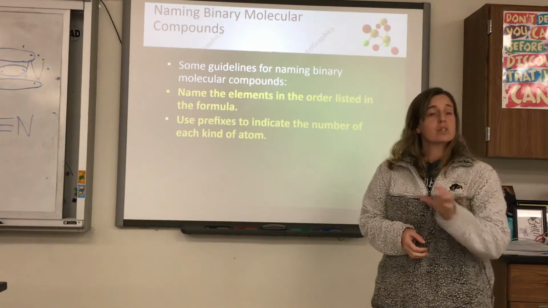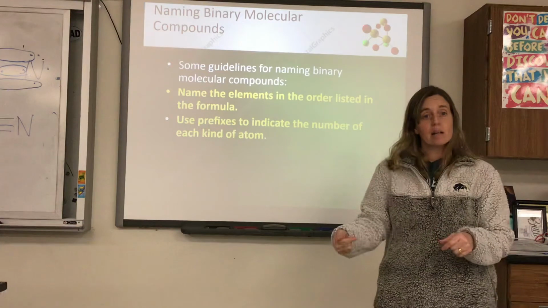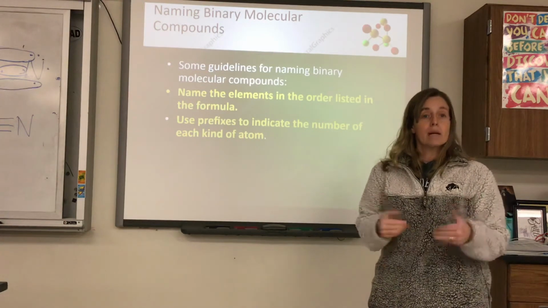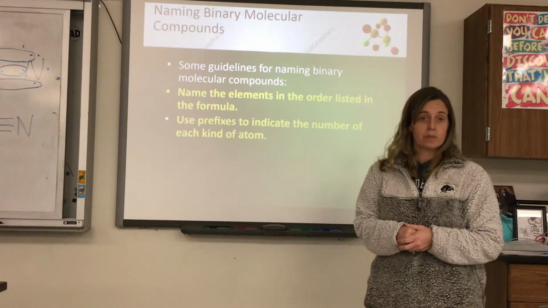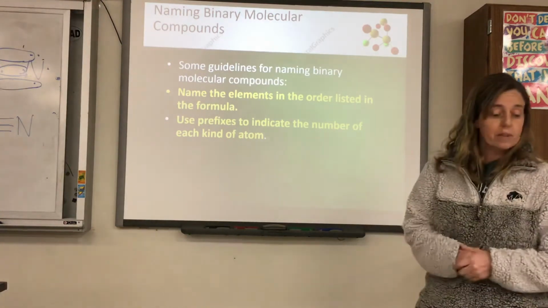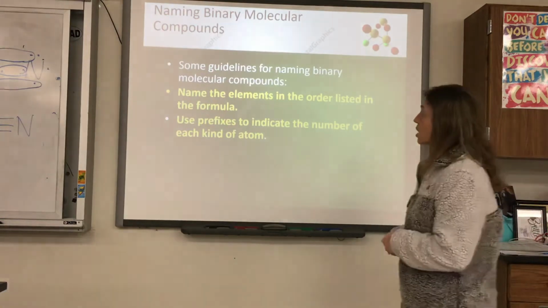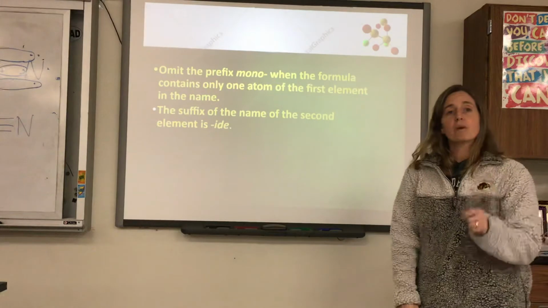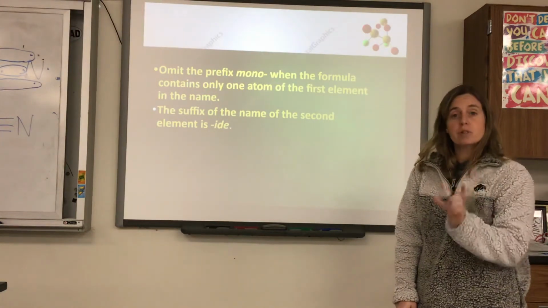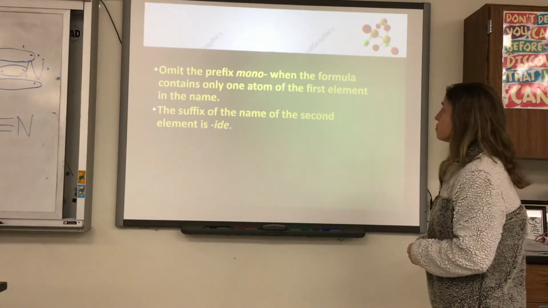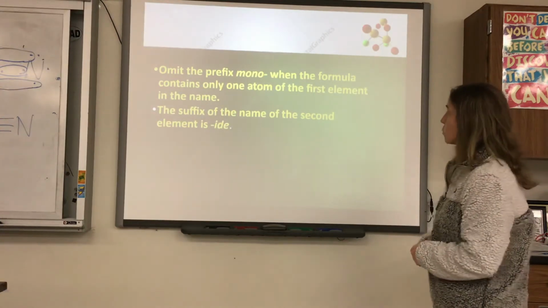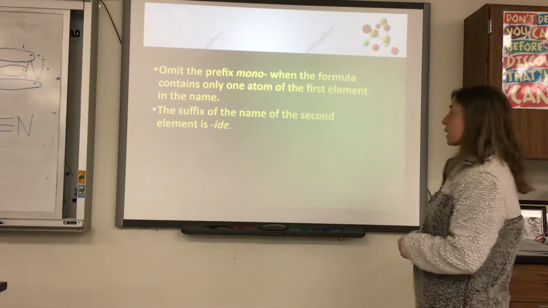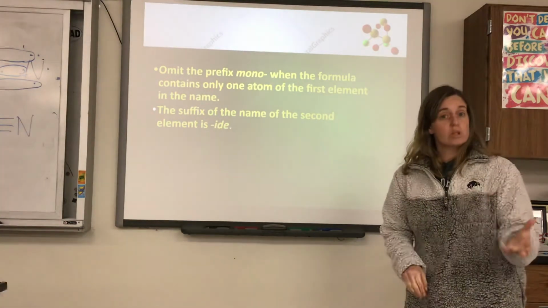The first element will just get the element's name, the second element will end in -ide. That's the way all of our binary covalent compounds are going to be. You will use prefixes to indicate the number of each kind of atom. When you're writing the first name, you will omit the prefix mono when the formula contains only one atom of the first element. The name of the second element will end in -ide, which is what I just told you a minute ago.